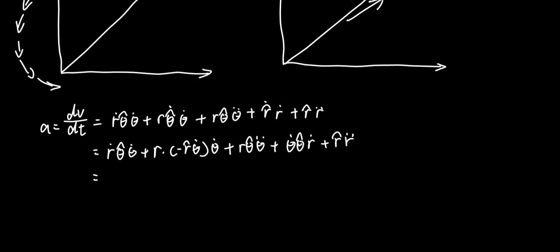Now we can write it into two parts. One part is represented by theta hat, and another part is represented by r hat.